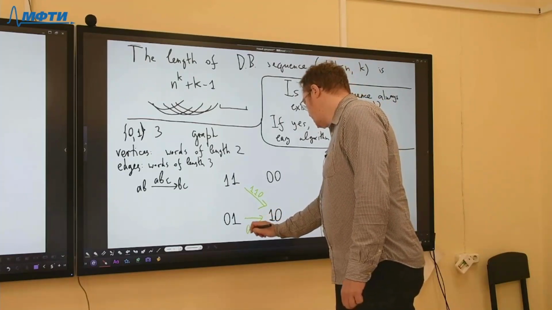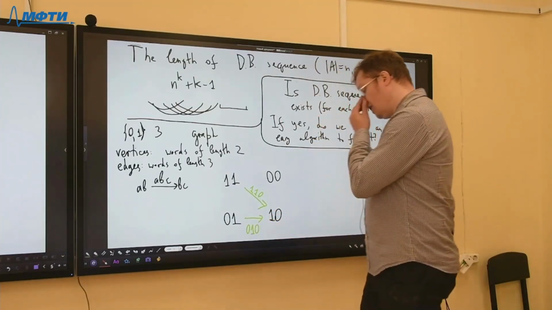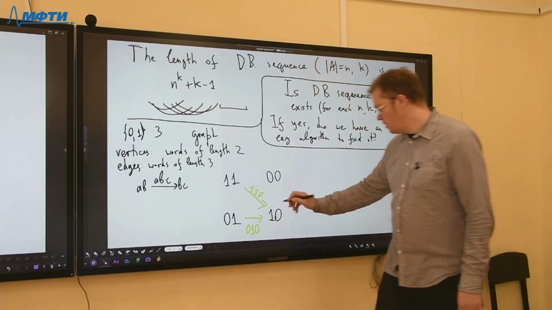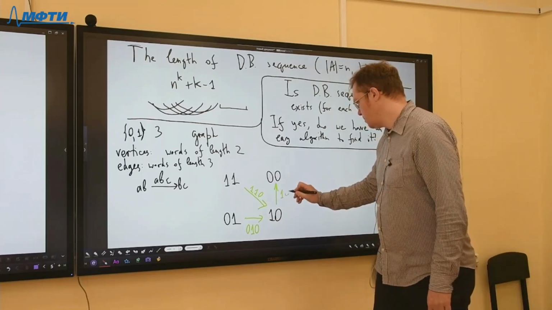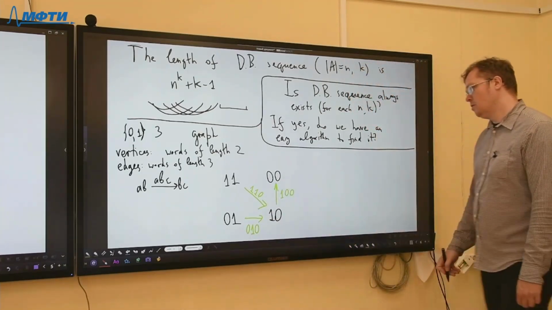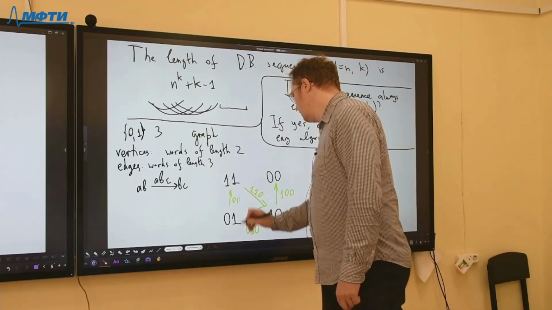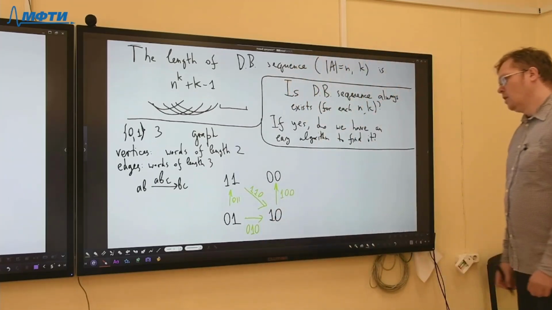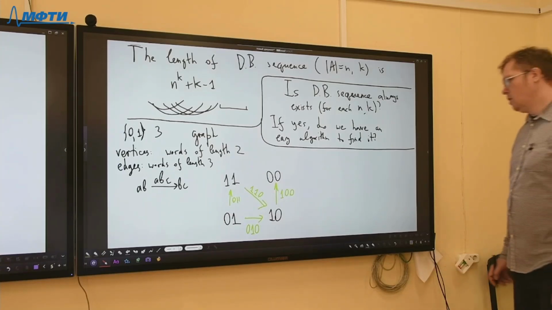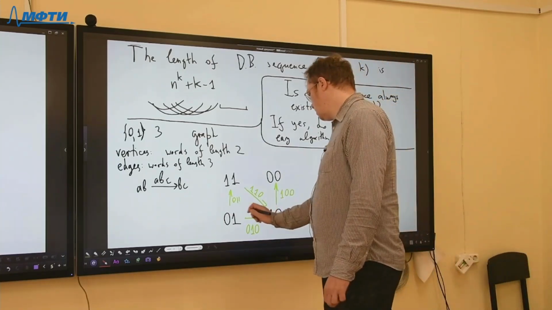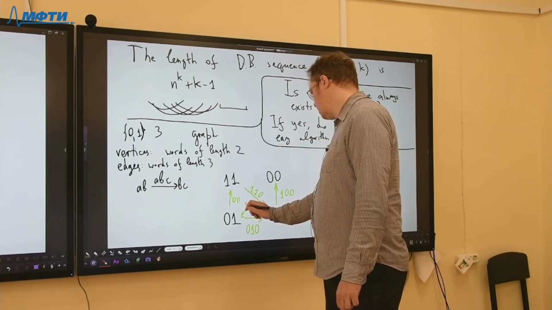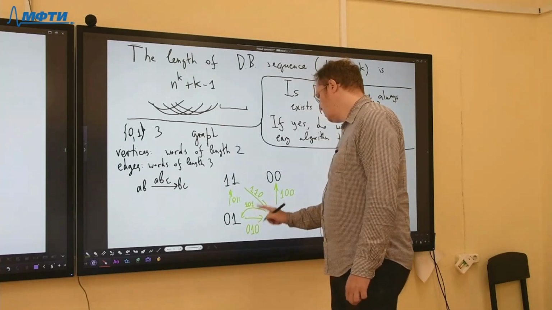0 1 and 1 0 are connected by the edge 0 1 0. Here is the edge 1 0 0. Here is the edge 0 1 1. Here is the edge 1 0 1.